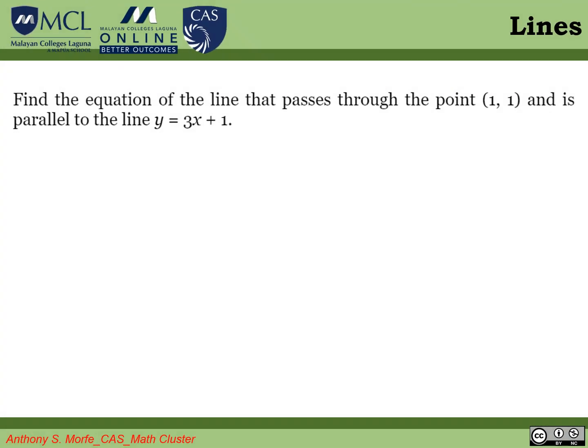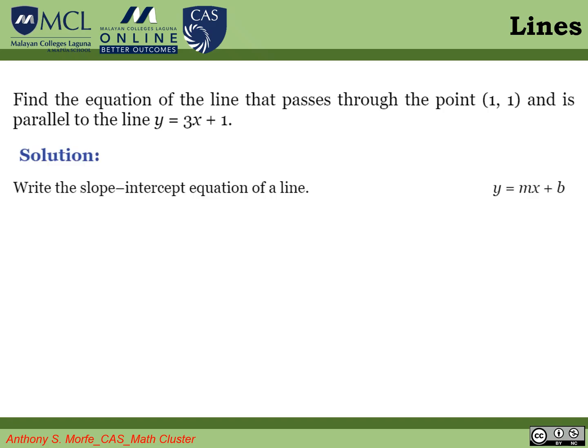Now we are given here an example. It says: find the equation of the line that passes through the point (1, 1) and is parallel to the line y equals 3x plus 1. So we're given here a point, class.